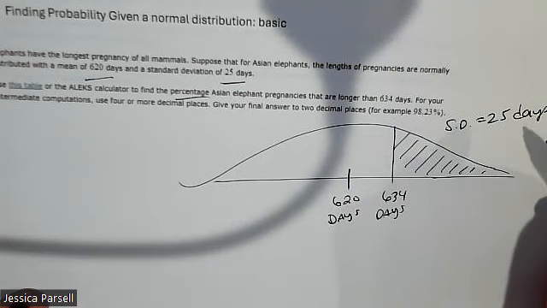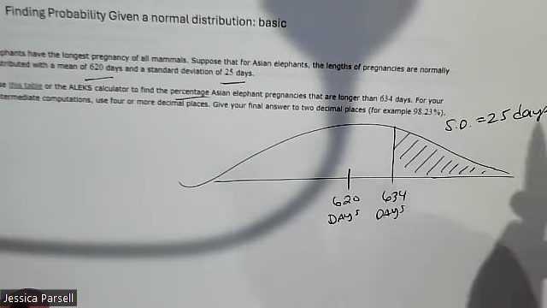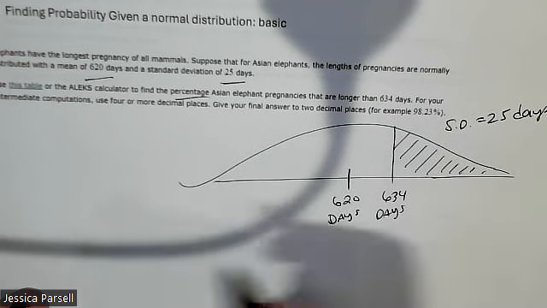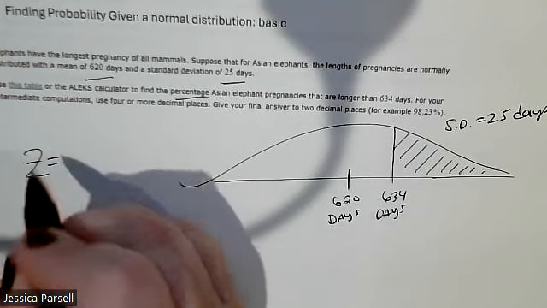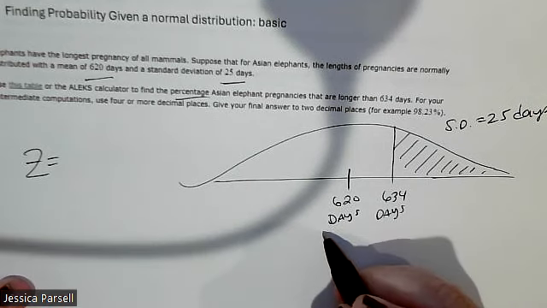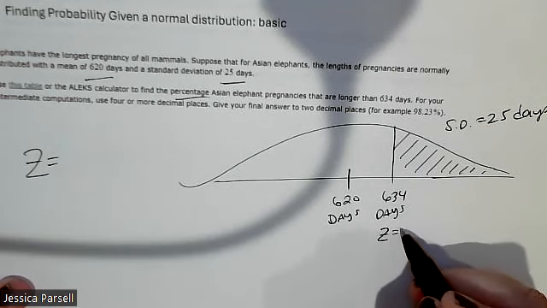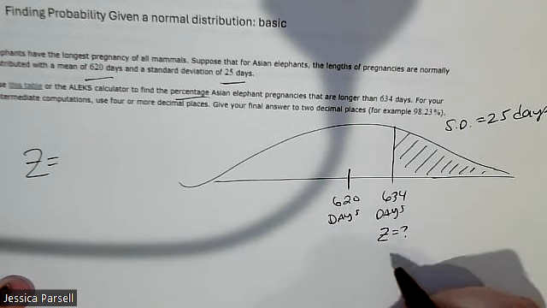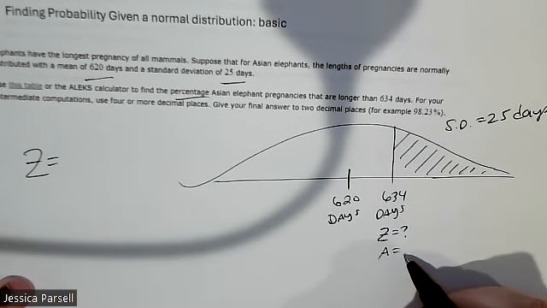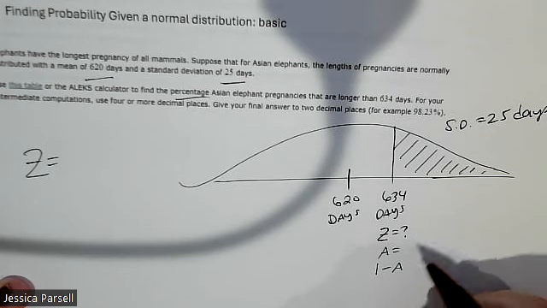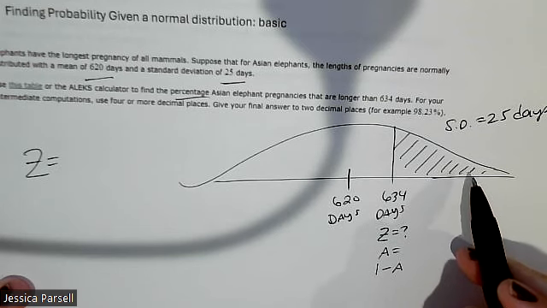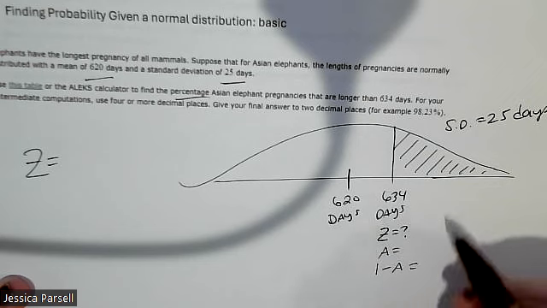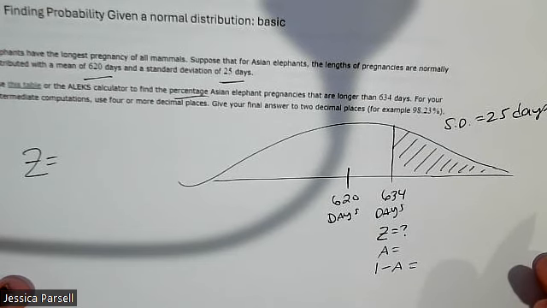So here is where we have to break out something we learned last week at the very end, which was how to calculate a z-score. Because we need to know what is the z-score here. Once we get the z-score, then we can use the table to find the area, and then we can subtract from 1, take away the area, and that would give us that decimal we could turn into a percent.